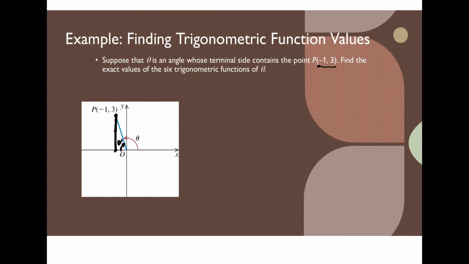And because they share a terminal side there, the values that we get for our trigonometric functions will be exactly the same. This was -1, this is 3.